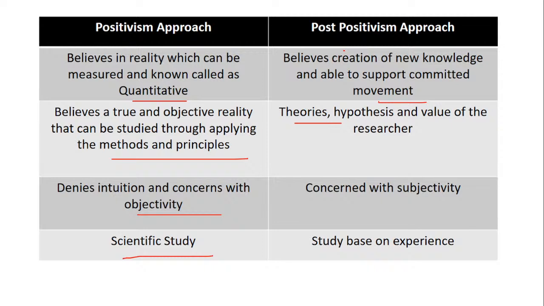So in post-positivism, it is more on the basis of the researcher's experience based on the theories. But positivism is purely based on scientific study. It only takes into consideration the reality. No theories, no tentative statements and no experience. That is the main thing which differentiates positivism from post-positivism.